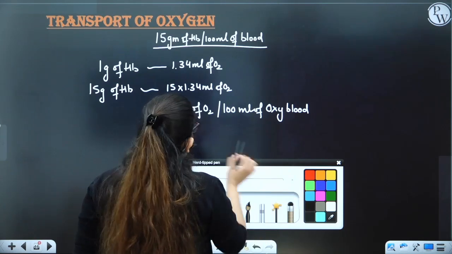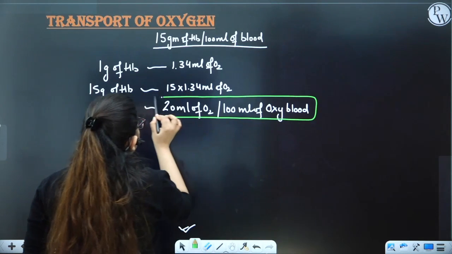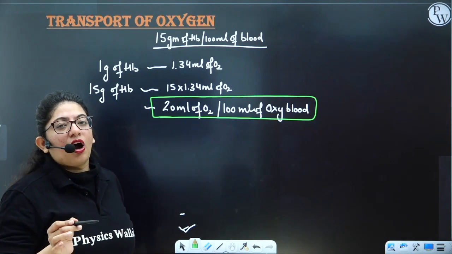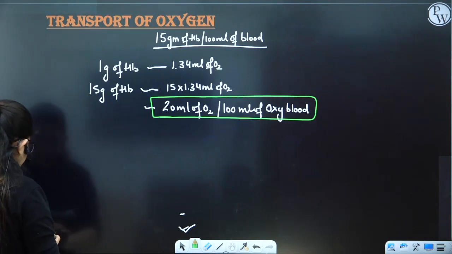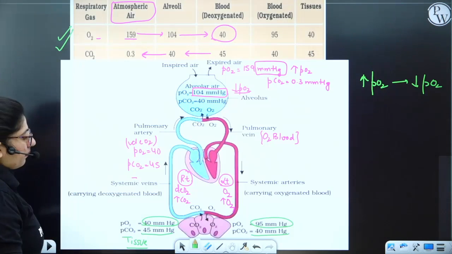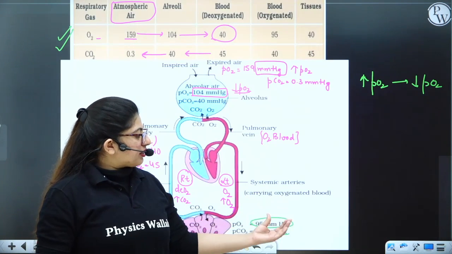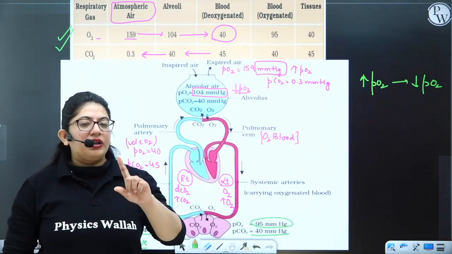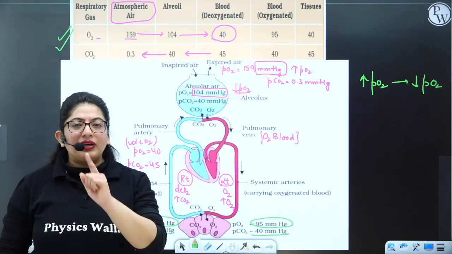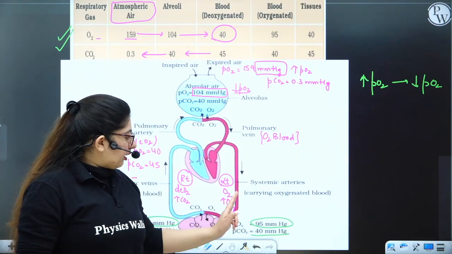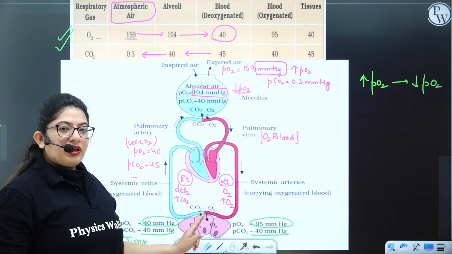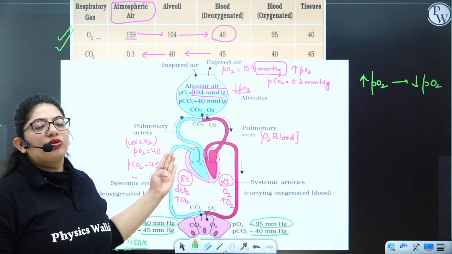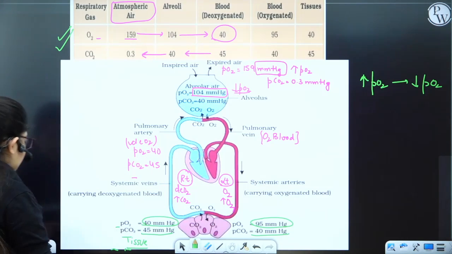Now, if you have 20 ml of oxygen in 100 ml of oxygenated blood, how much are you giving to tissues and how much becomes a part of deoxygenated blood? This is what we are going to discuss.